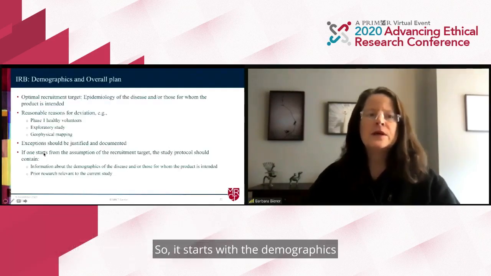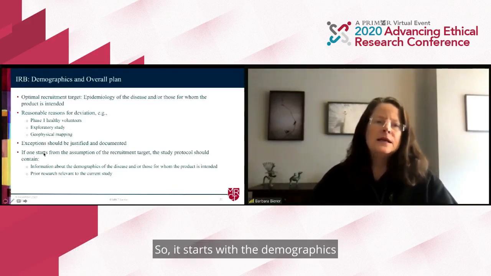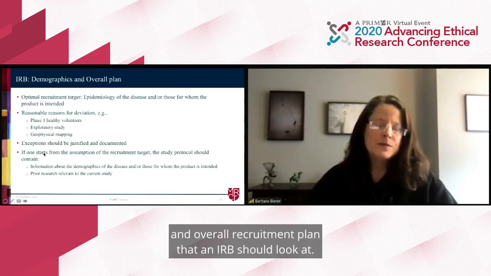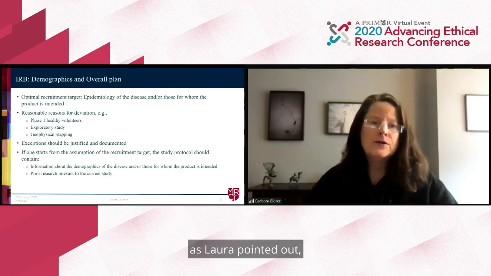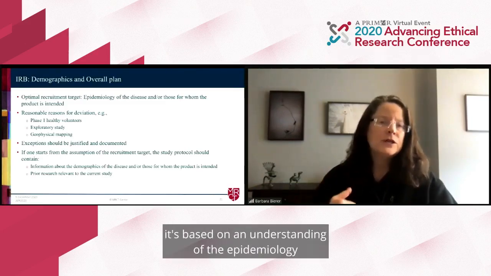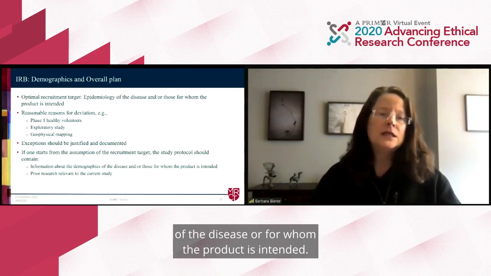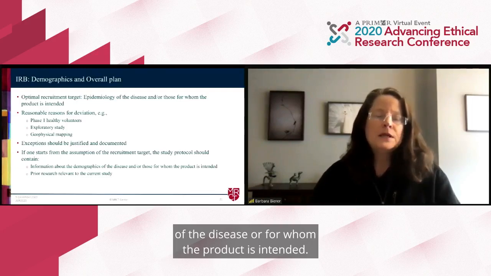So it starts with the demographics and overall recruitment plan that an IRB should look at. What is the optimal recruitment target? As Laura pointed out, it's based on an understanding of the epidemiology of the disease or for whom the product is intended.